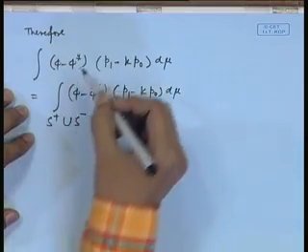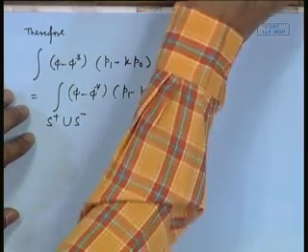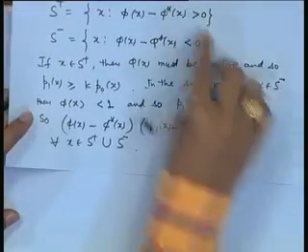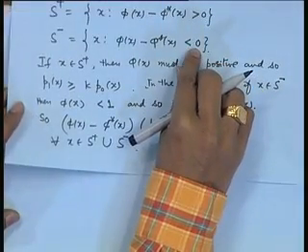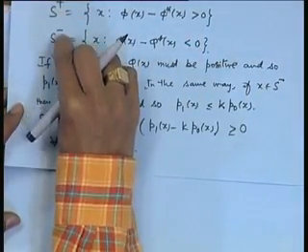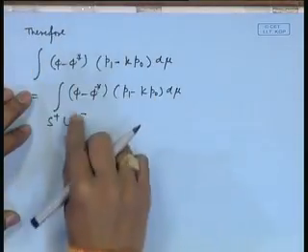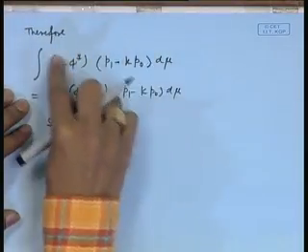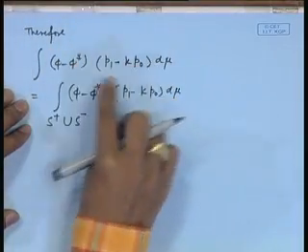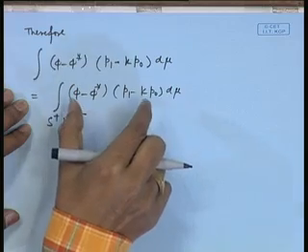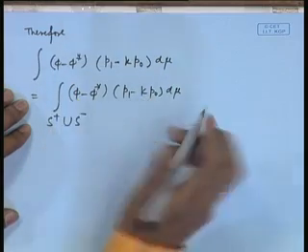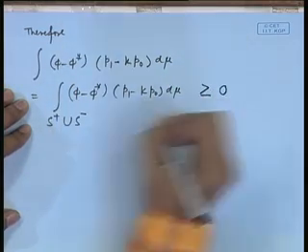Okay, so we have exhausted all the regions, because over S plus this term was positive and over S minus it is negative. If we go outside of S plus and S minus, then this will be equal to 0, so the integrand will become 0, and we can ignore that. So we are looking at only the portion where it is non-negative, and this is greater than or equal to 0.